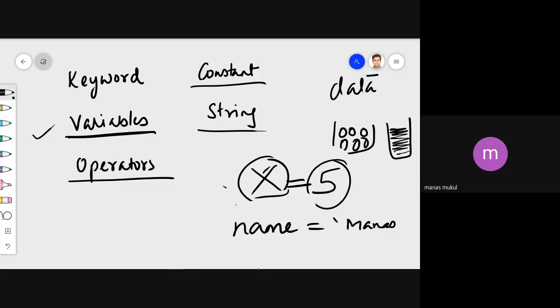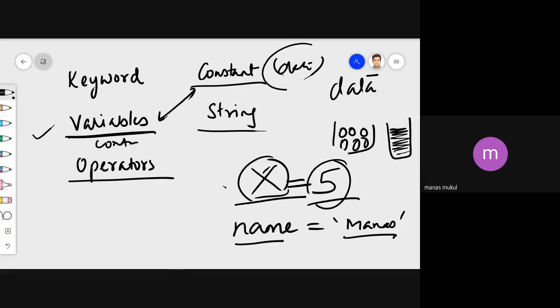So constant and variable have a link with each other. Constants are the data and variables are the container. So you store this data inside this container. So variable is equal to constant. Did you understand?